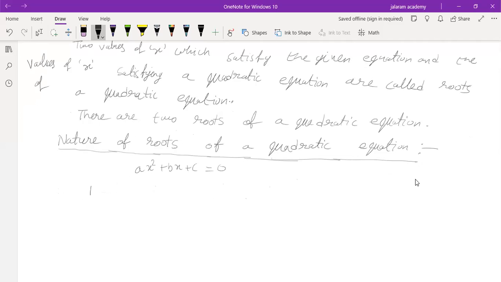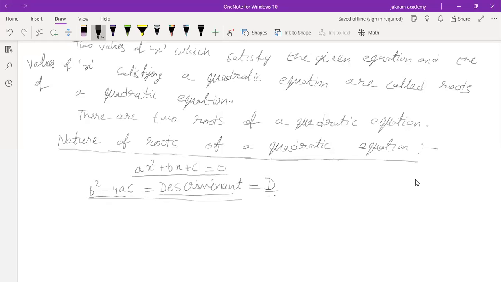In that, this quantity which is inside the square root, b square minus 4ac, is called discriminant, and it is denoted by capital D.